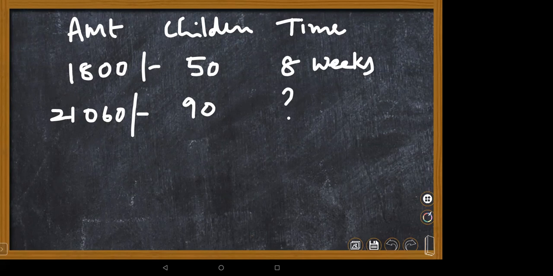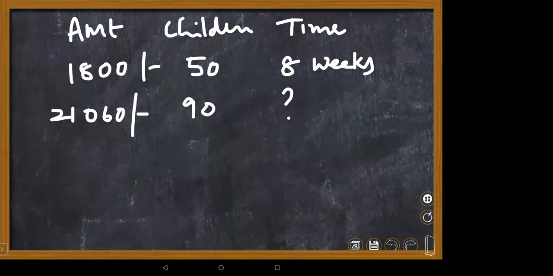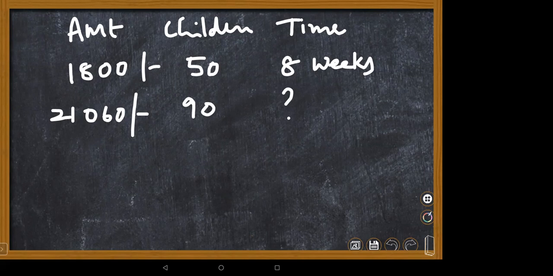So one child. First 50 children, 8 weeks, rupees 1,800. 90 children, 21,060, how many weeks?